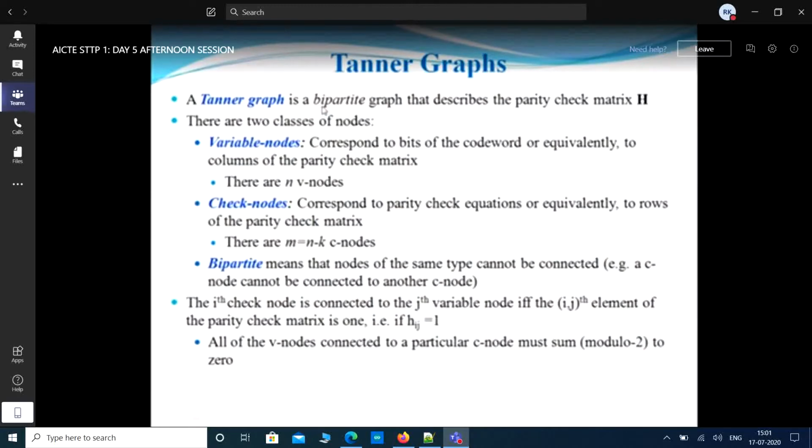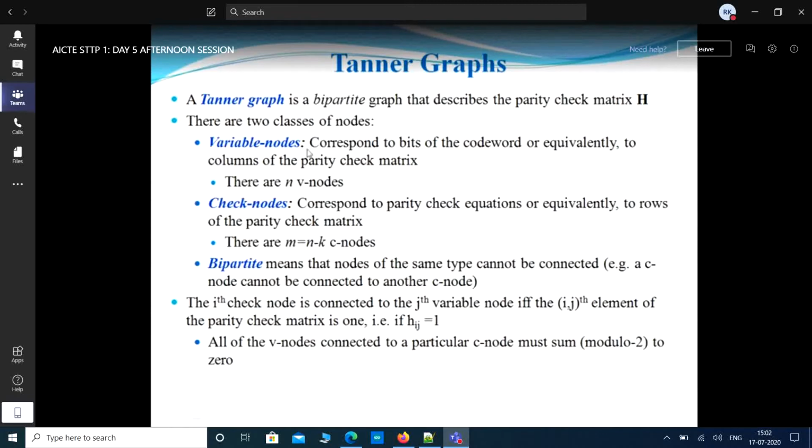By the name, it is called a bipartite graph. What is meant by a bipartite graph is the bidirectional flow of information. Suppose in the Tanner graph one variable node is connected to one check node. Automatically the check node is connected to the variable node. It is not showing the arrow direction, but by default it is connecting.